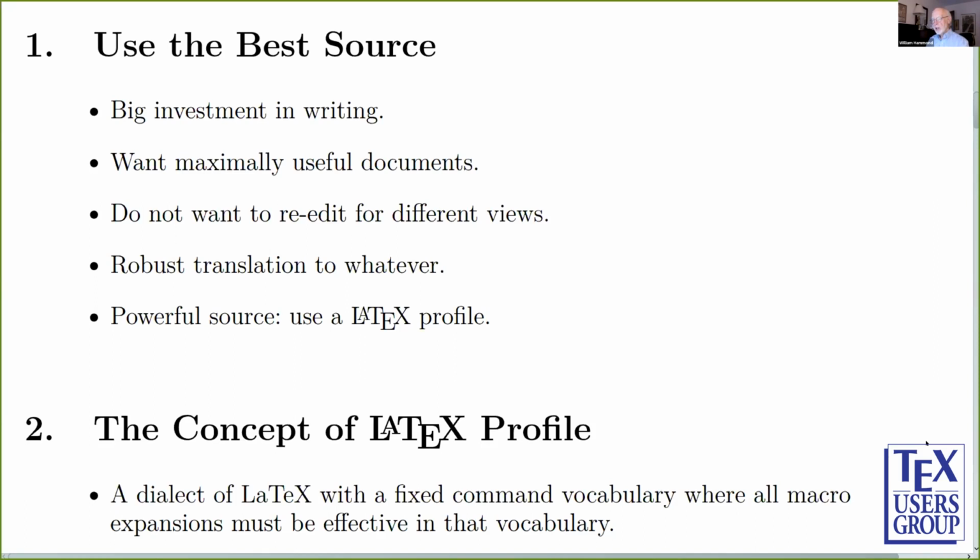We don't want to wind up doing re-edits for different presentations of our documents. And by documents, I'm including course materials, research articles, various things. So our source document should admit robust translation to whatever outputs we are interested in.